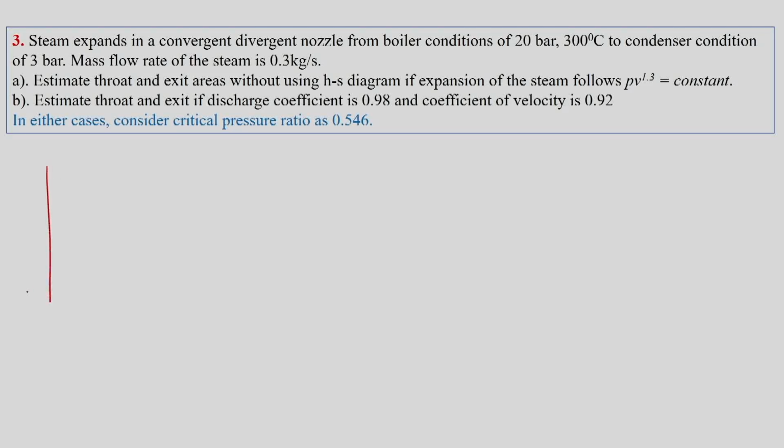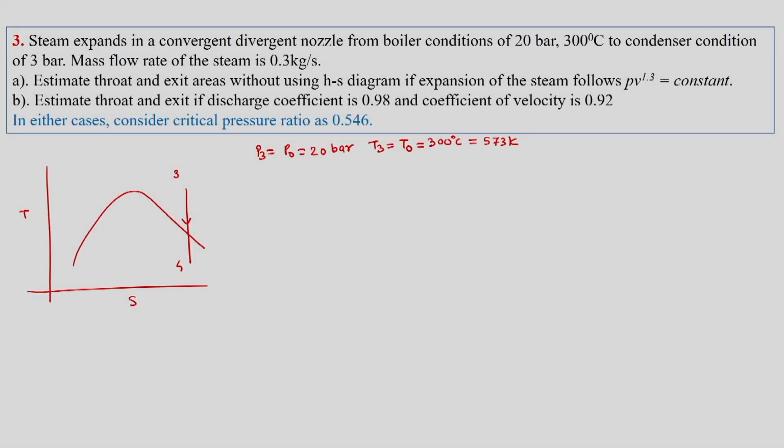Again, we will plot the TS diagram, and as per the TS diagram, we are in 3 to 4 where we are given P3 is equal to P0 is equal to 20 bar, T3 is equal to T naught is equal to 300 degrees Celsius is equal to 573 Kelvin.